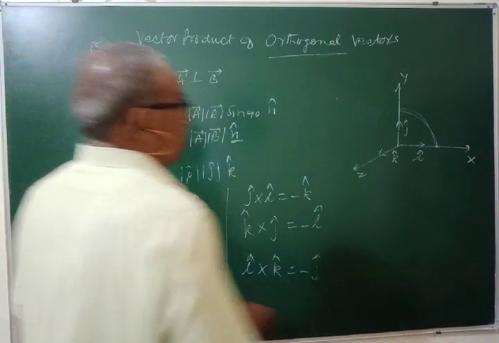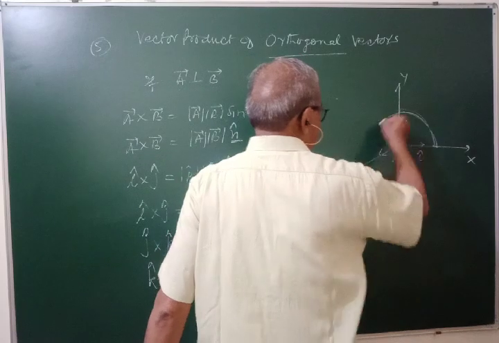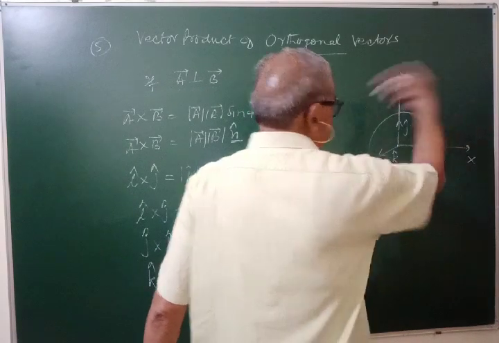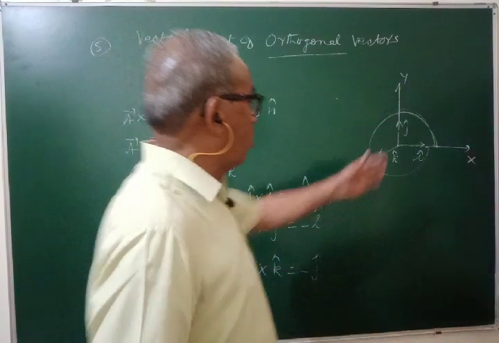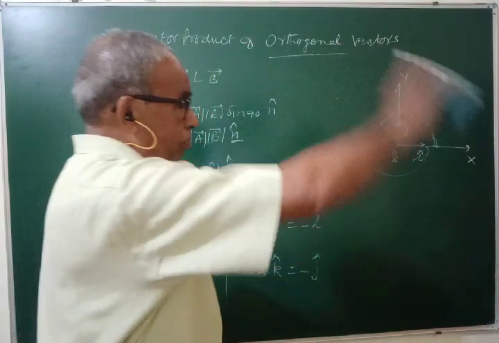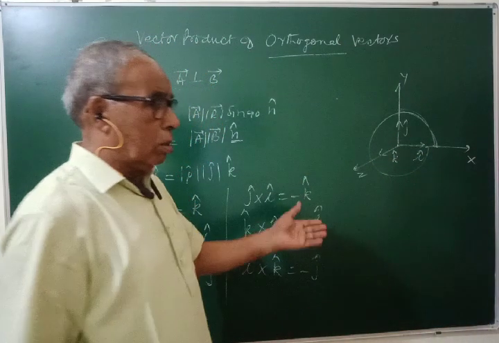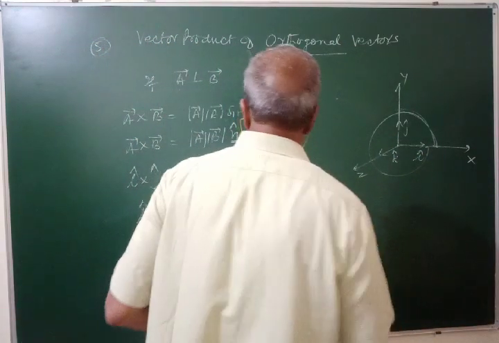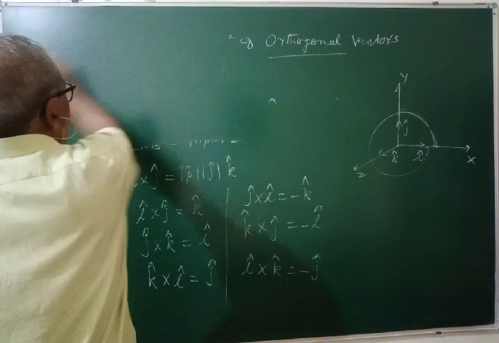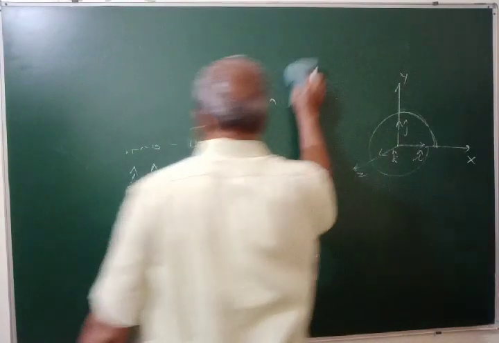Very simple, i, j, k. If you rotate anti-clockwise, it is positive; if you rotate clockwise, negative.